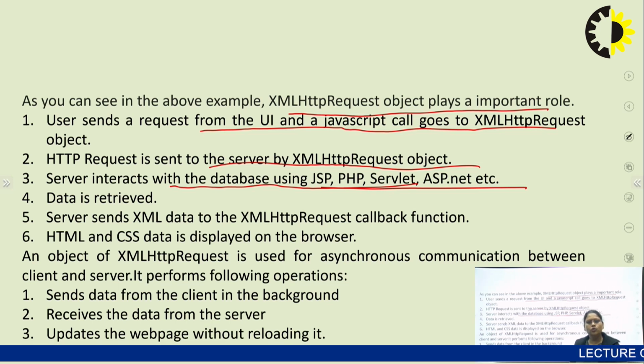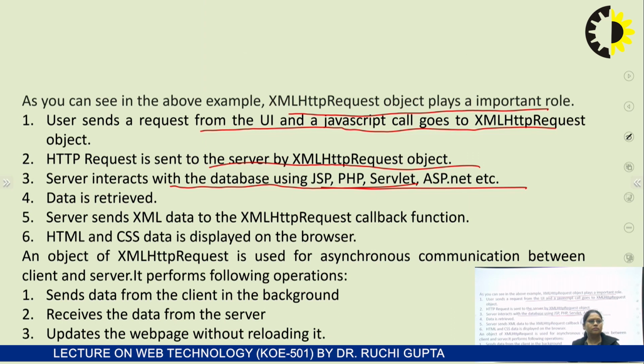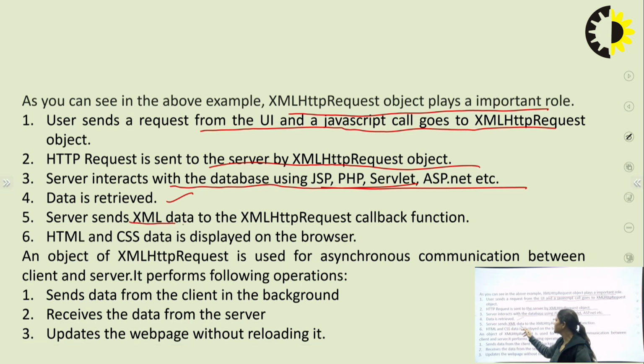And here we have to use this Apache Tomcat server. Now, once the data is fetched from the data store or database, data is retrieved. In the next step, once the server receives the data from the database, it will send the XML data to the XML HTTP request callback function.